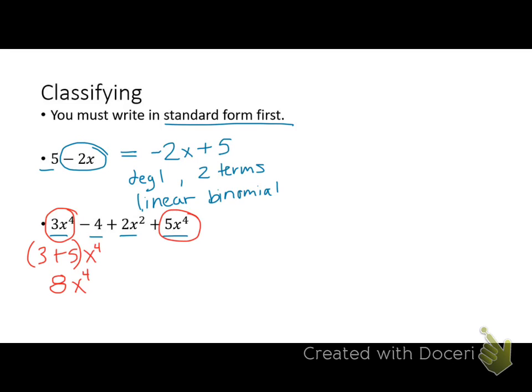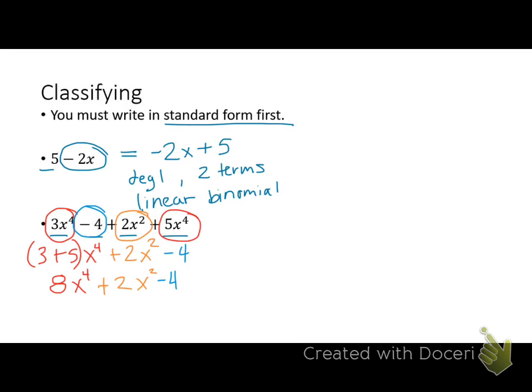That would be my 2x squared. Because of that, I don't have any like terms with that one, so I'm just going to write it down, and I'm going to copy it in each step. Next, looking at the next degree, I don't have any 1, so I'm going to have to go for that minus 4 because it's my last term and it has no like terms.